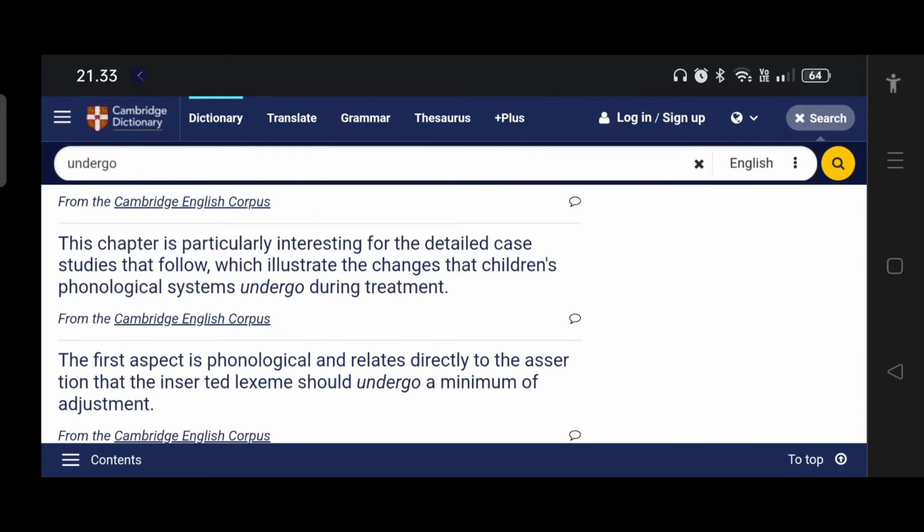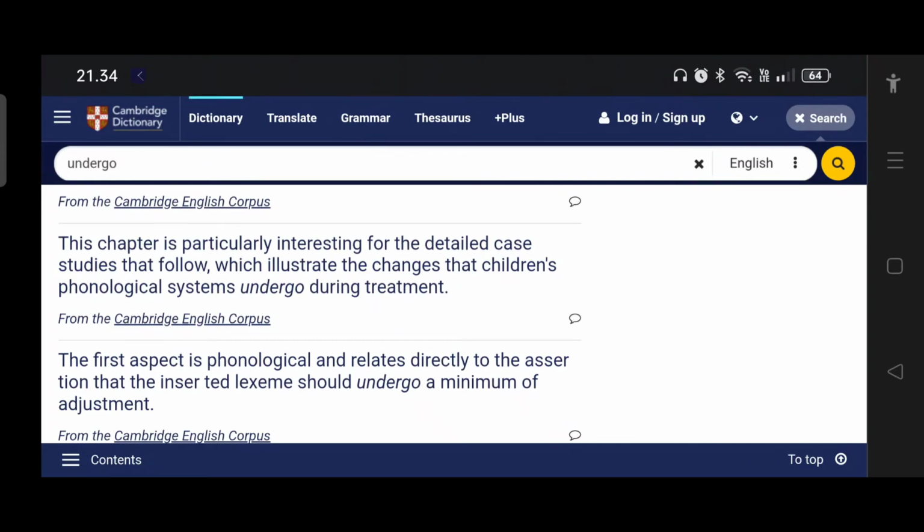I believe it's assertion because I never heard assert and shin separated. The first aspect is phonological and it relates directly to the assertion that the inserted, I guess, right? Isn't it? Yes, I mean, whatever. I hope I'm right.